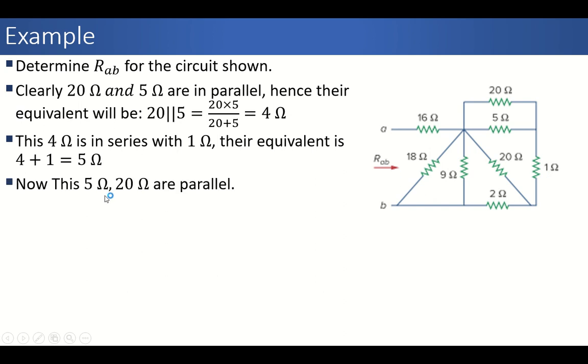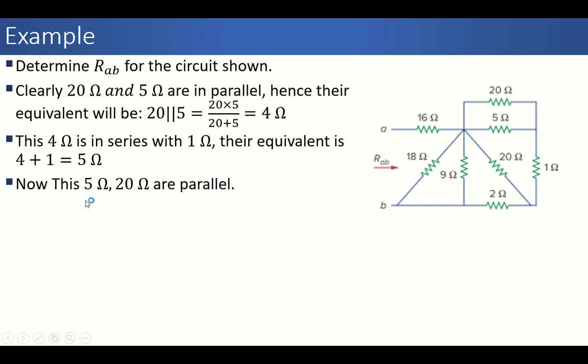So now we can see that this 5 ohm resistance, that is the equivalent of these 3 resistances, is in parallel with the 20 ohm resistance, because the resulting 5 ohm resistance will be connected across this terminal and this terminal, and this 20 is also connected across this terminal and this terminal.